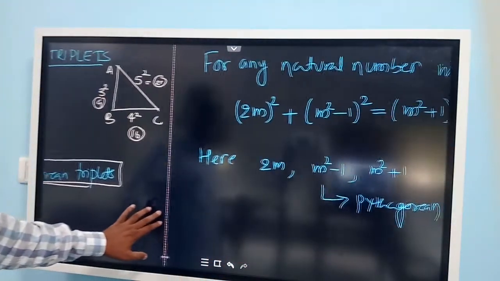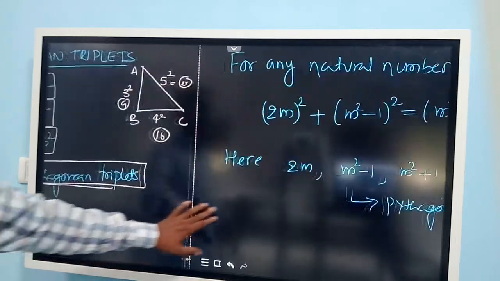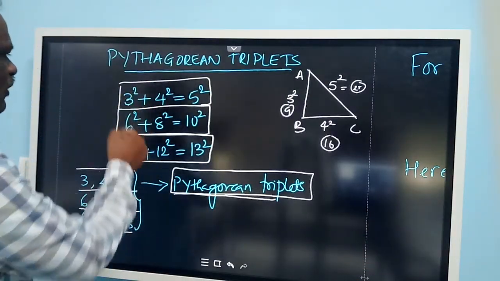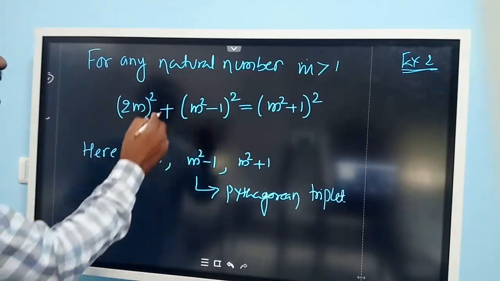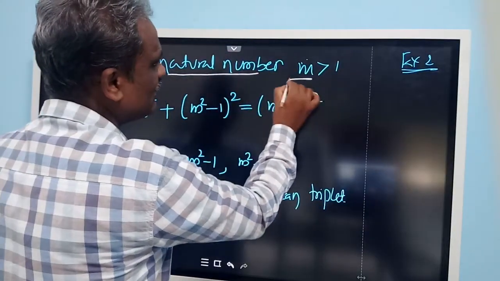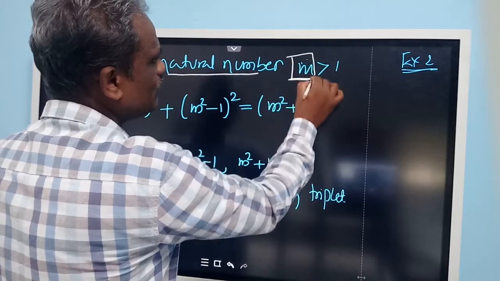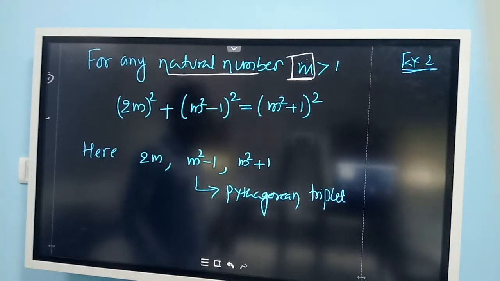Now let's go to the next one, general form. Here you can form a general form to get this type of numbers. So look at this. For any natural number m greater than 1, it is not applicable to numbers less than or equal to 1. You should not take m equal to 1.